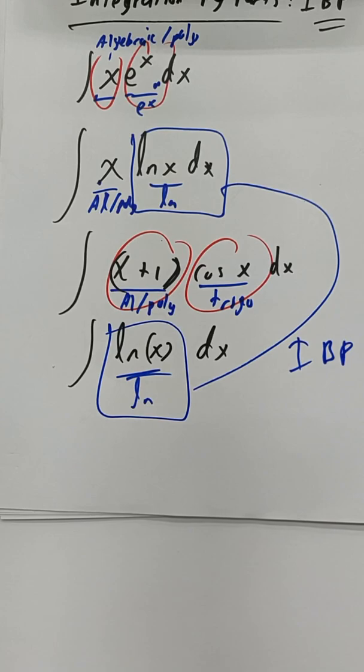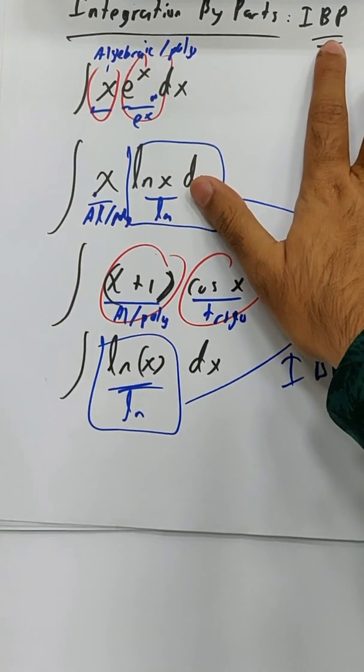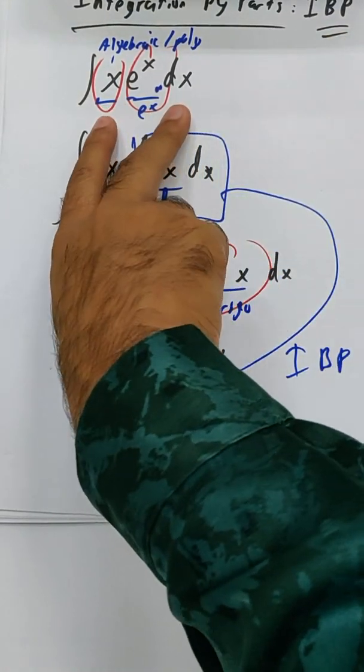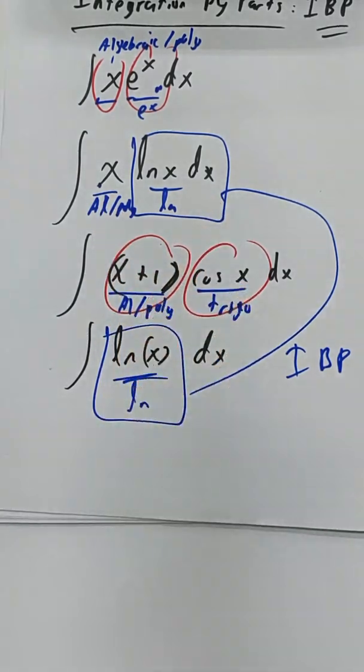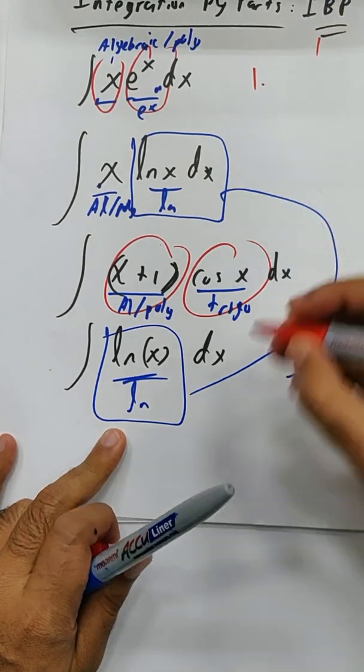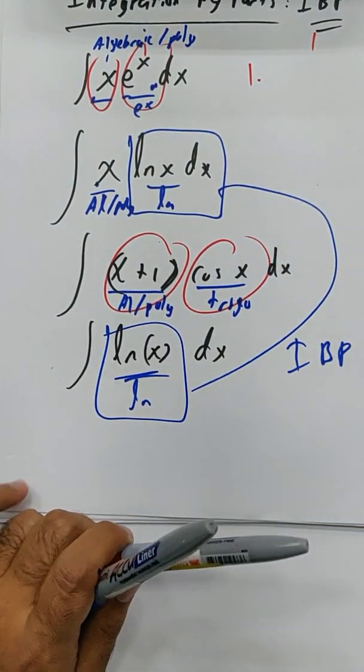I repeat myself again: we use IBP when I see two different types, or just plainly when I see ln, it means directly IBP.